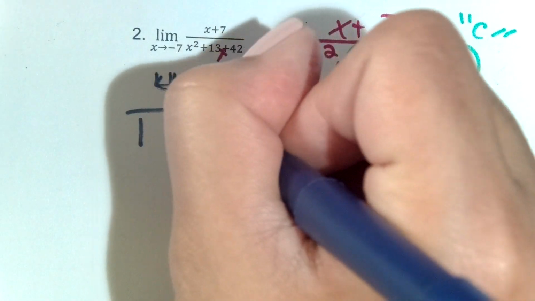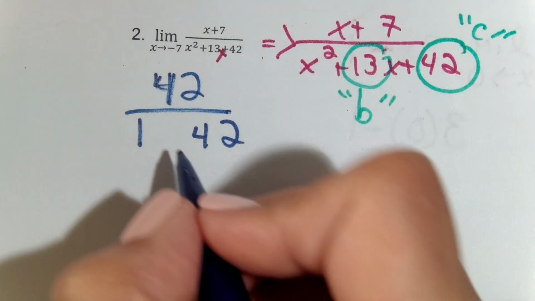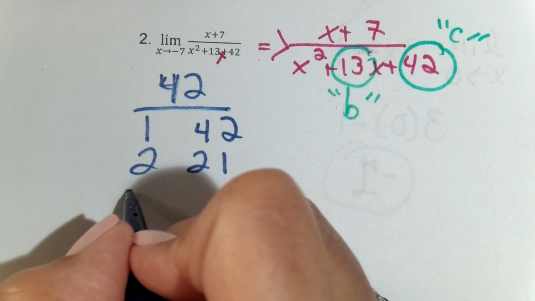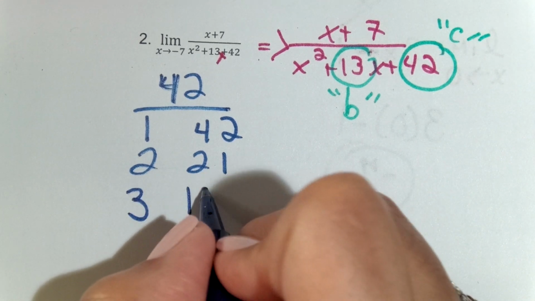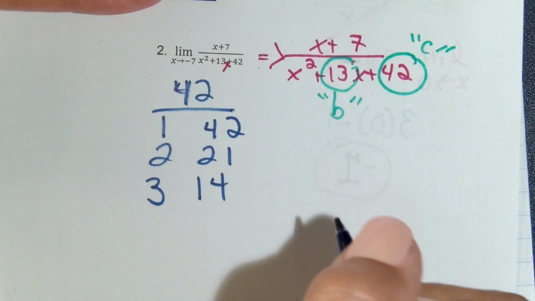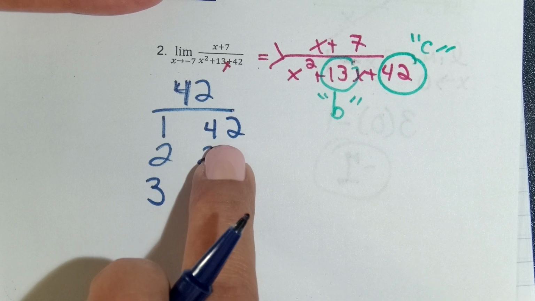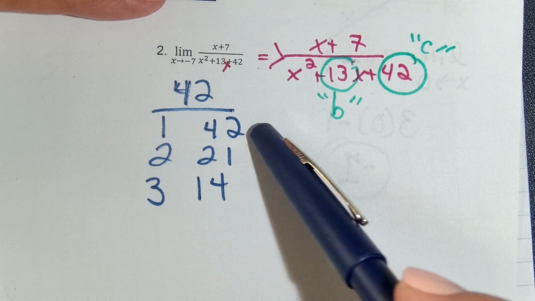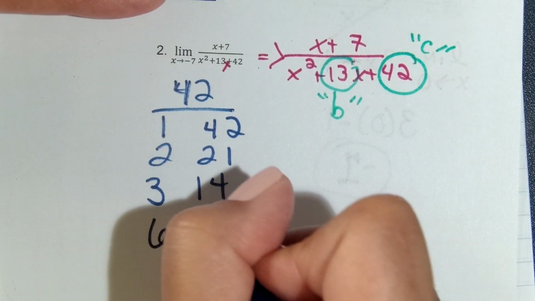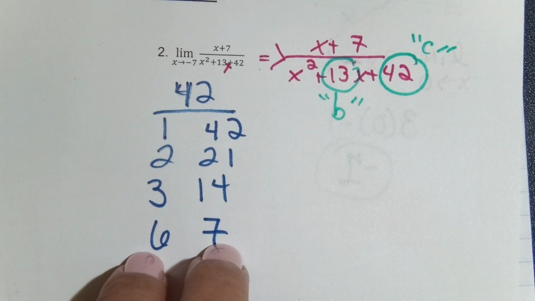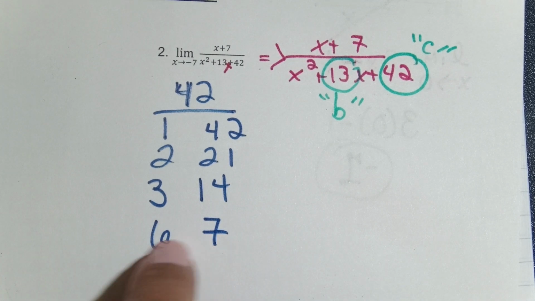So I have 1 and 42, 2 and 21, 3 and 14. 4 does not divide evenly. 5 is not a factor because this does not end in 5 or 0. 6 and 7. And the reason I like to do it in this order is because when I get here, I know there are no other numbers between 6 and 7 and I can stop.